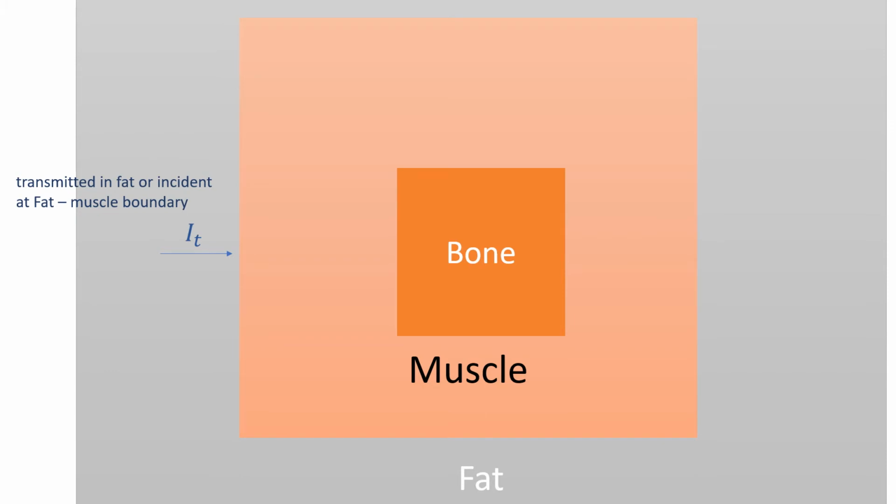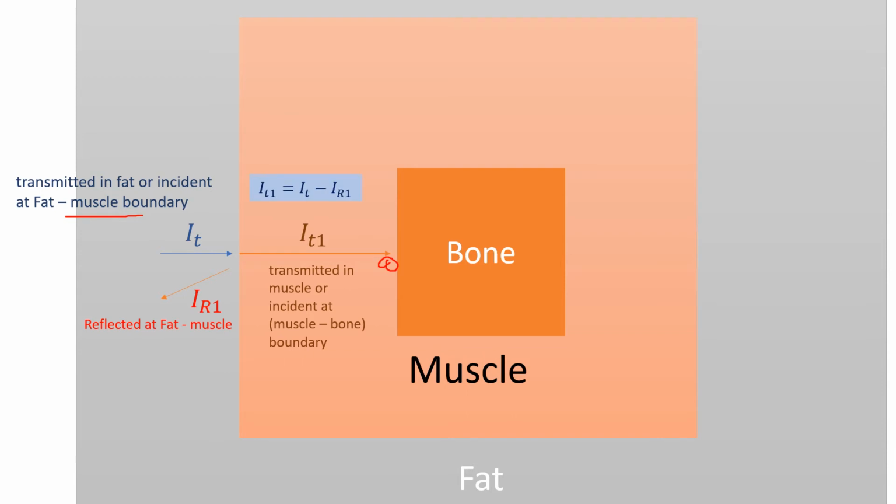So we know that this is transmitted in fat or incident at fat muscle boundary, and also this is the transmitted in muscles or incident at muscle bone boundary. So this is the muscle bone boundary, do not get confused. So this is the reflected at fat muscles, this is IT1 and this is IR1. So how you can do this?